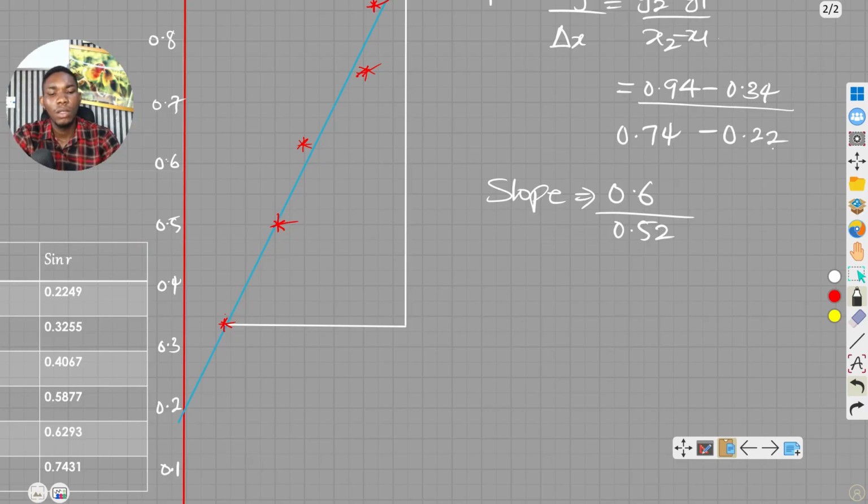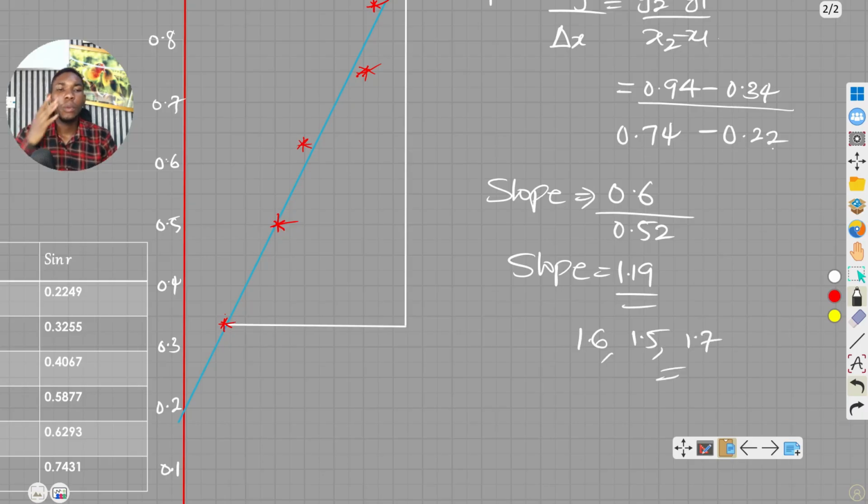All right, so we have 0.62 divided by 0.52, which will give us 1.19. So our slope here gave us 1.19, but I told you that the values for your slope are supposed to be hovering around 1.6, 1.5, 1.7, and even 1.8, not as low as 1.19.